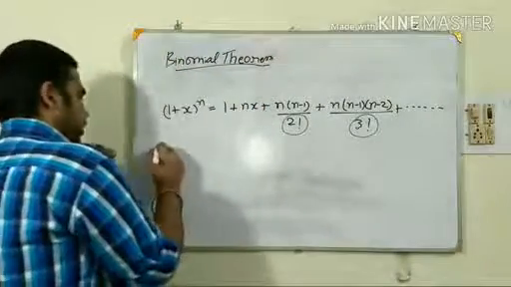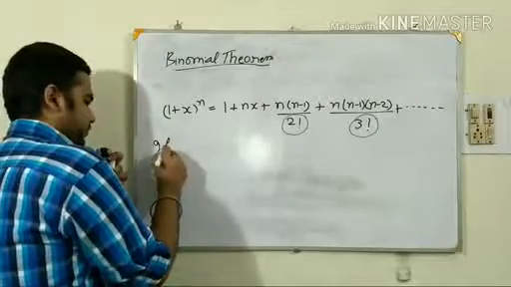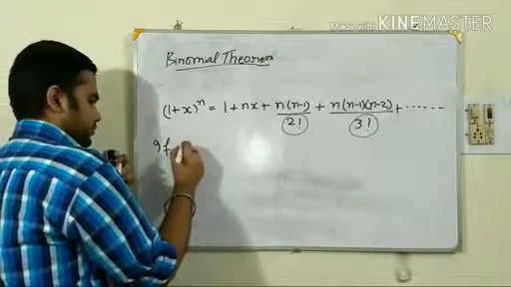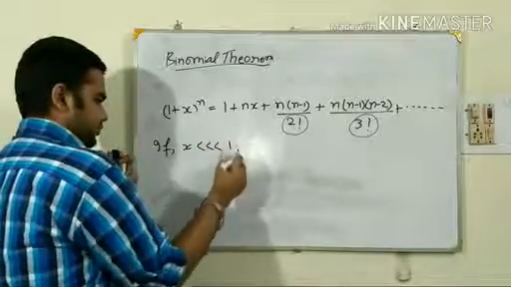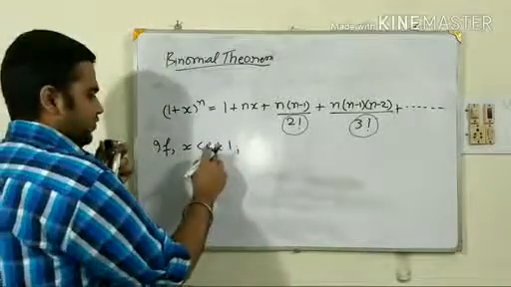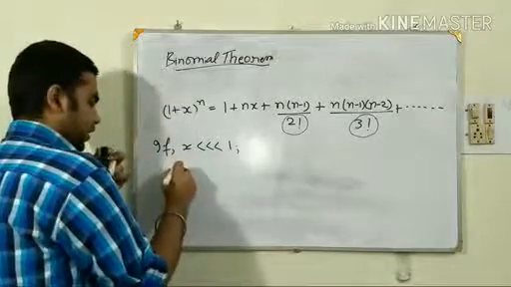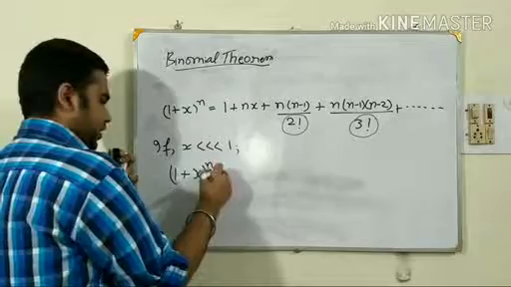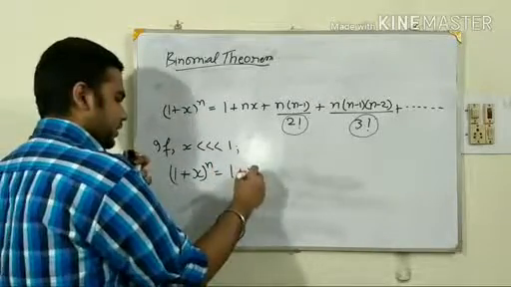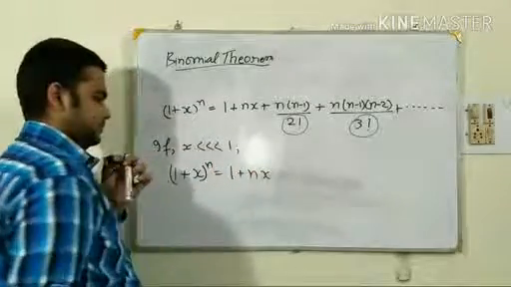So, if x is very much less than 1, then (1 plus x) to the power n is equal to 1 plus nx.